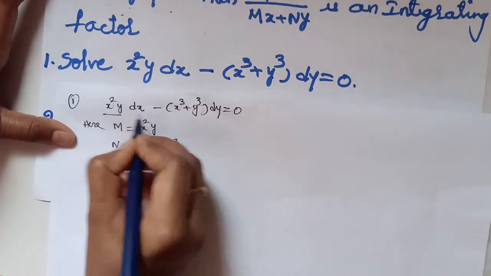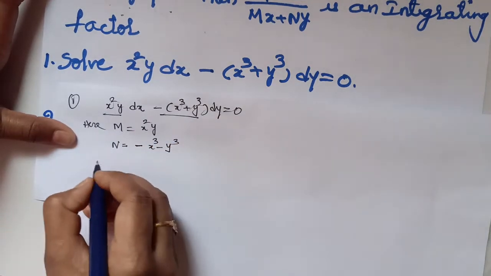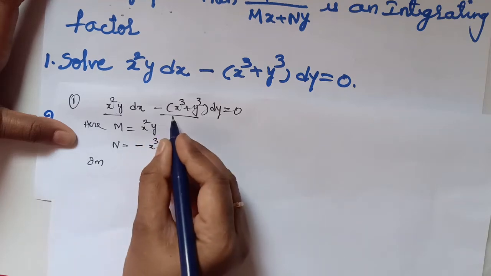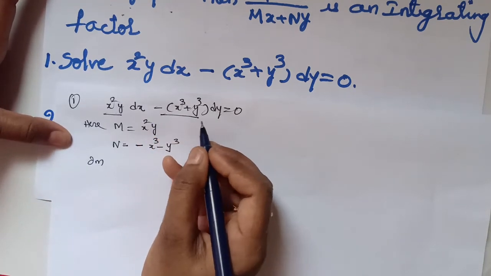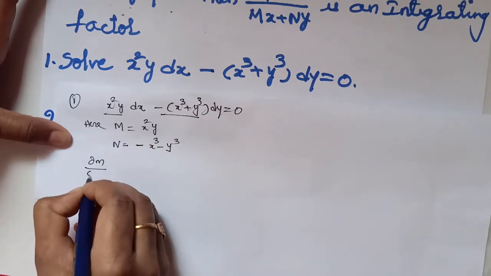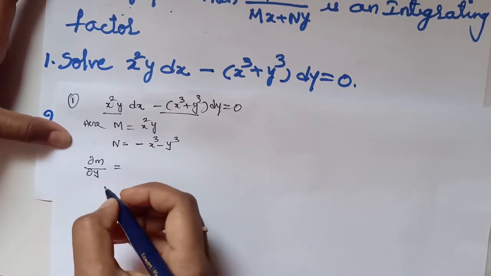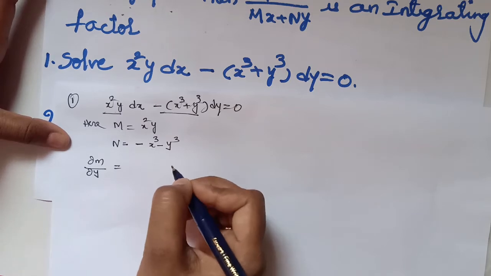This is M and this is N. We do not know whether this differential equation is exact or not, so by calculating ∂M/∂y and ∂N/∂x, you will come to know whether it is an exact differential equation or not.